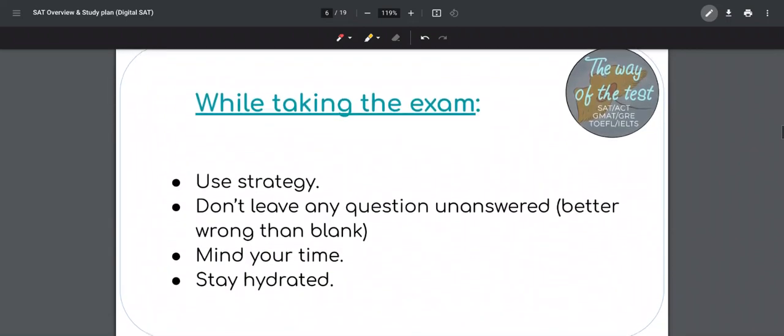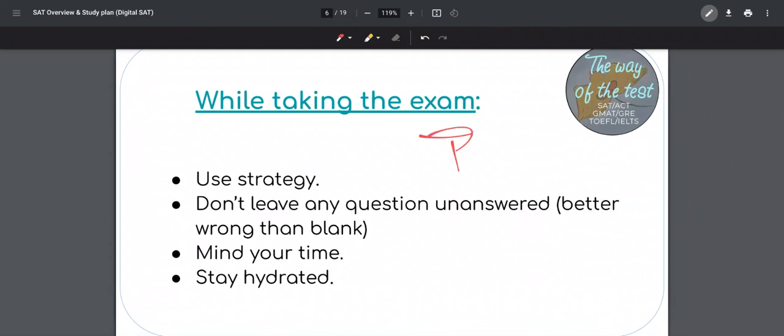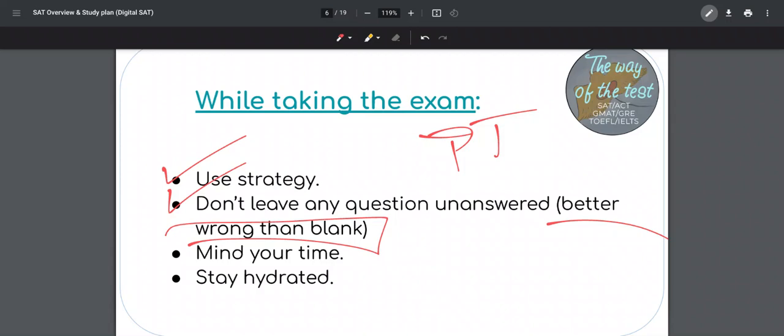Now, while you're taking the exam or the practice test, you're going to use a lot of strategy for all of the sections, the reading, the writing, and the math strategy. You're going to focus on just choosing an answer every single time. Remember, it's better wrong than blank. So you always want to choose an answer. If you don't know the answer, you just have to guess. Remember, guessing is good, guessing is okay.